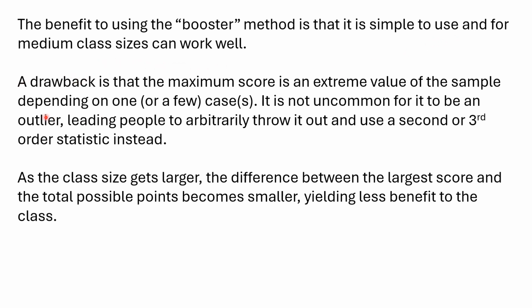A drawback is that the maximum score is an extreme value of the sample depending on one or a few cases. And it is not uncommon for it to be an outlying observation, leading teachers, professors to arbitrarily throw away the top score and use perhaps a more appropriate second or third order statistic instead to determine what the curve of the class is.